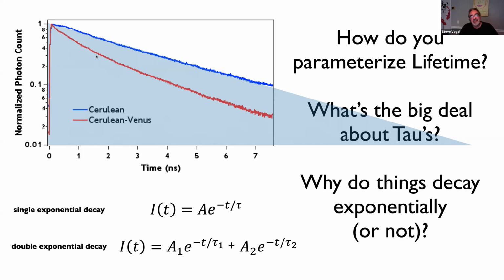But when things do decay exponentially, it has a meaning. And what that meaning is, in this case, we excite the molecule, it ends up at the lowest level of S1, and now every unit time, it has a certain probability of emitting a photon and going back to its ground state.